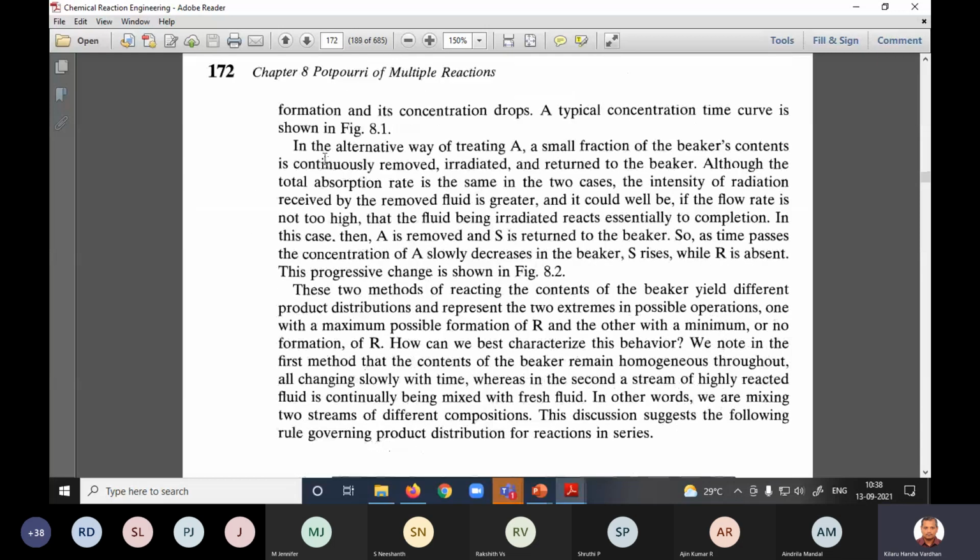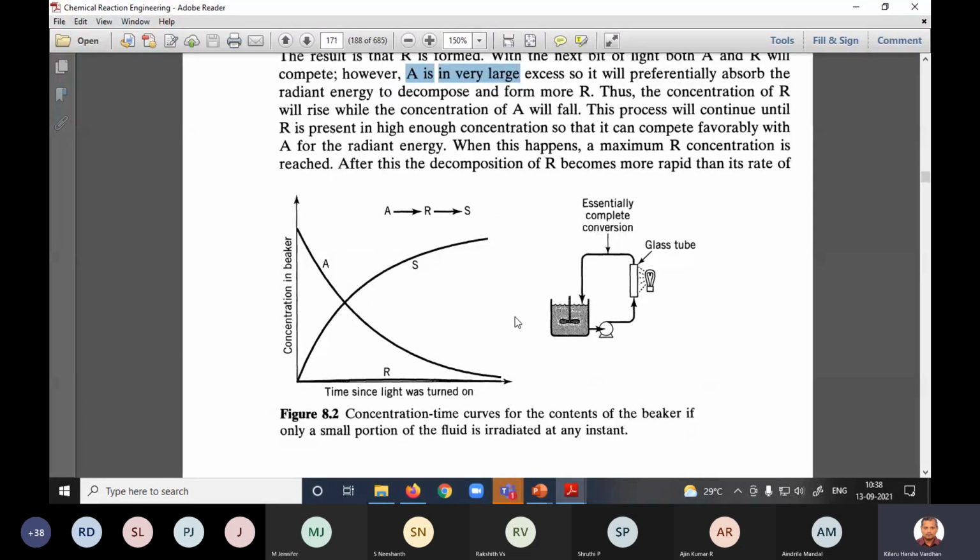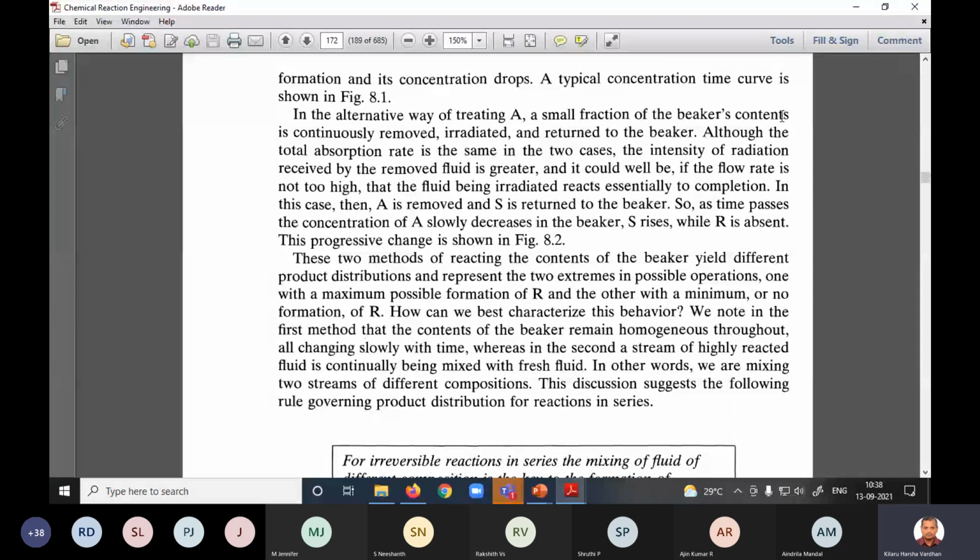Let's see the alternative way of treating it. A small fraction of the beaker's contents is continuously removed, irradiated, and returned to the beaker. This is the combination I'm talking about. Although the total absorption is the same in both cases, the intensity of the radiation received by the removed fluid is greater.